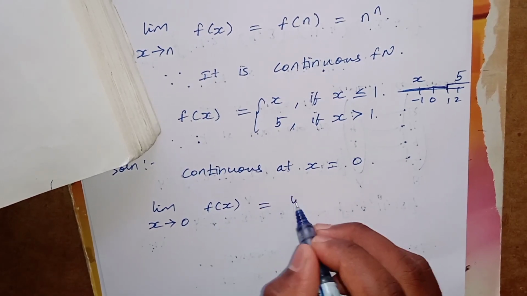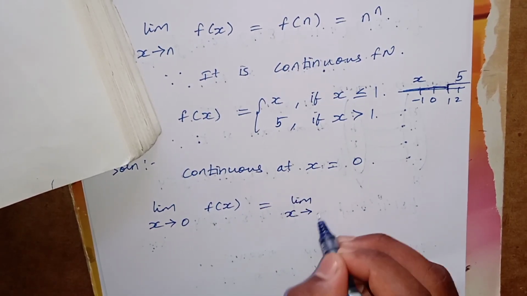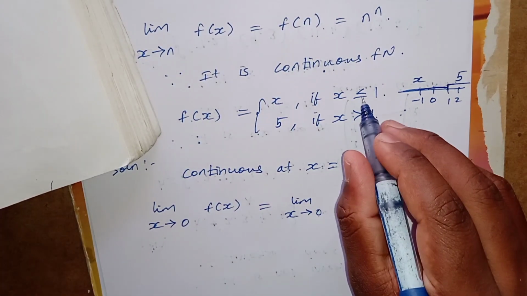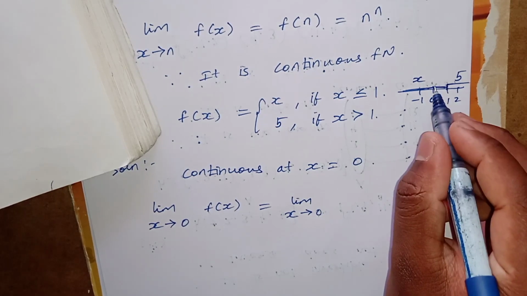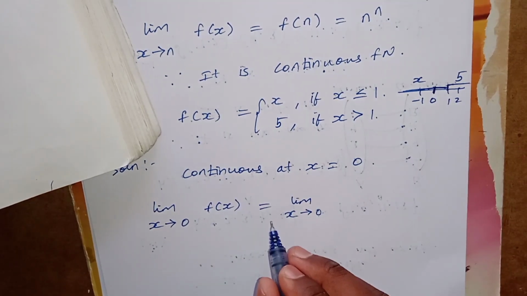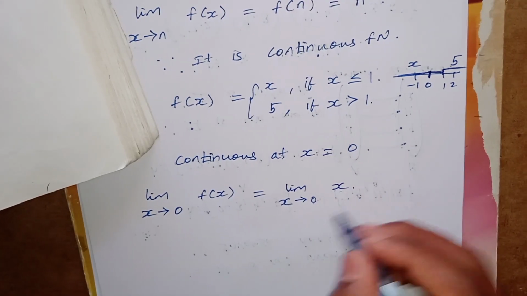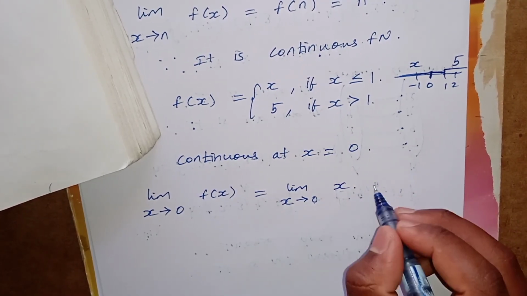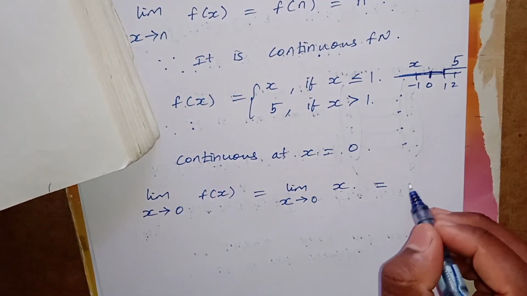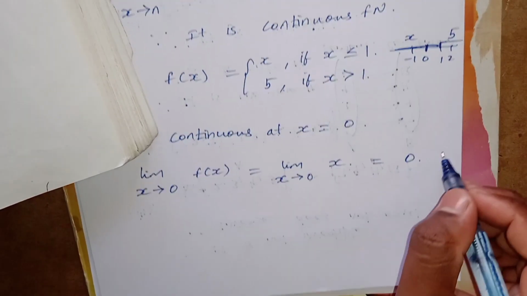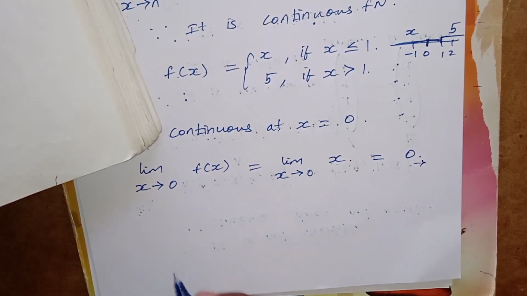Here in the place of f of x, less than or equal to 1, because only here 0 lies. Okay, therefore here I am taking x. Now I am substituting my limit. X tends to 0, therefore in the place of x you should substitute 0, therefore it is 0.